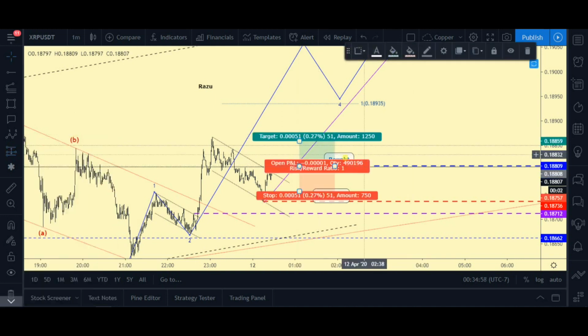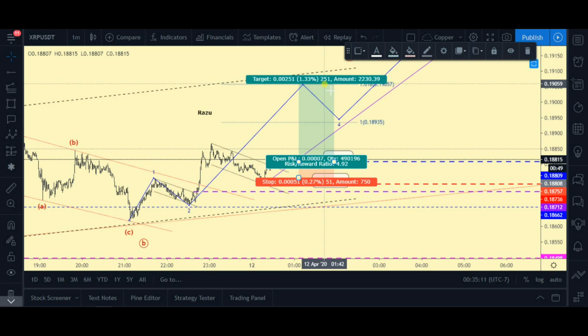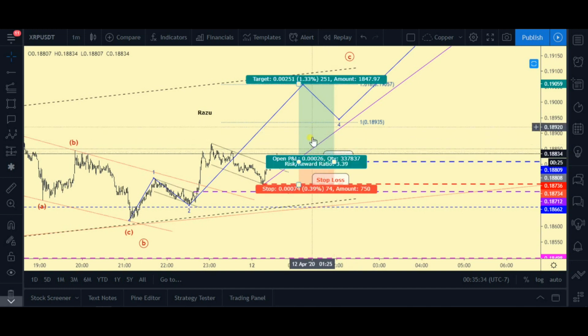So this is my buy, and I would expect this move to go from here to here. So my stop loss would be around here. So that is how much? 1:3.3 ratio. So I'm risking $1 to earn $3.39. That is pretty fair according to the trading plan, and this should be our strategy.